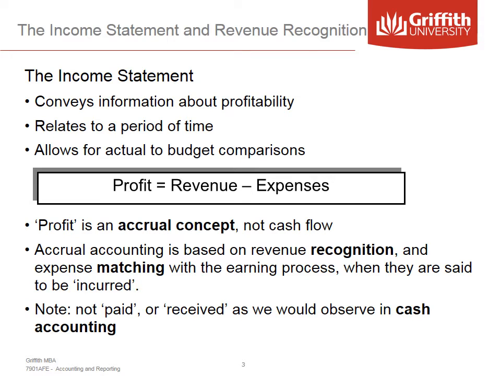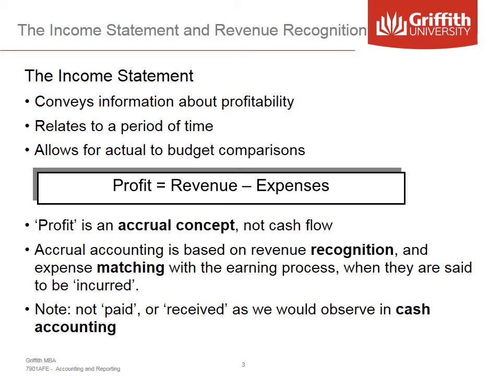Now look at what's in the box there. Profit is defined as revenue minus expenses. Now I'd like you to think back to Module 1, where I introduced you to the 5 elements in the accounting world. Remember that the elements are assets, liabilities, and ownership, and revenue and expenses.